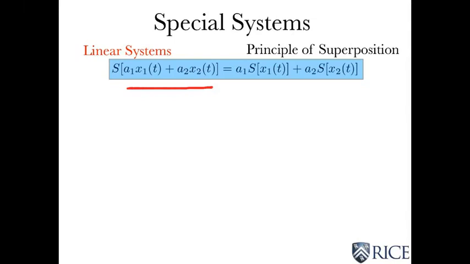Well, to find out what the output to some system is to that signal, all I have to do is figure out the output to a step and to a ramp and a delayed ramp, add them all up, and that's going to be the output to our complicated signal. So this principle of superposition is very, very important. It helps decompose problems. Once you can decompose a signal into simpler parts, you now can find the output because you probably can easily find the output to a simple signal.